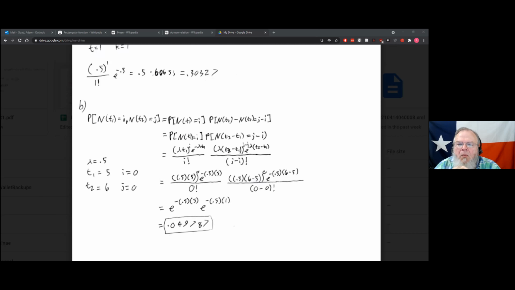So why didn't you just put in 6 seconds? Because we're basically asking for the probability of 6 given 5, which would be slightly different than just the probability of 6, because it's only dependent on that next one.